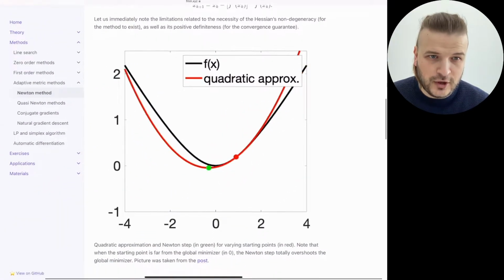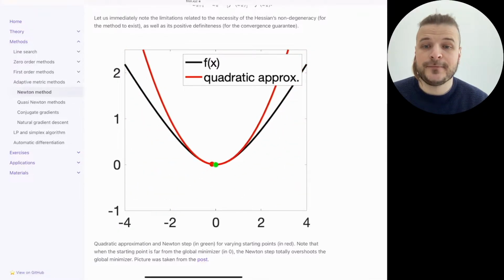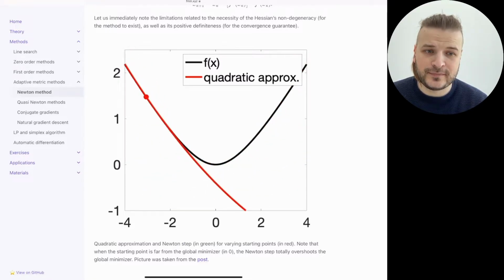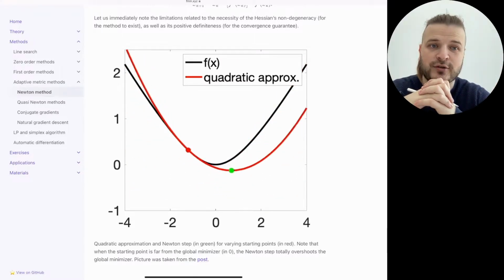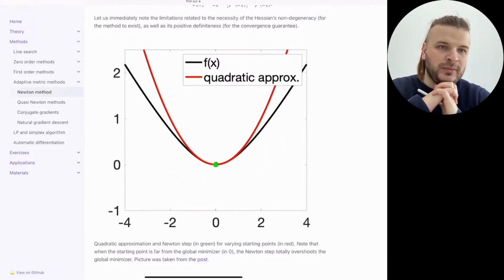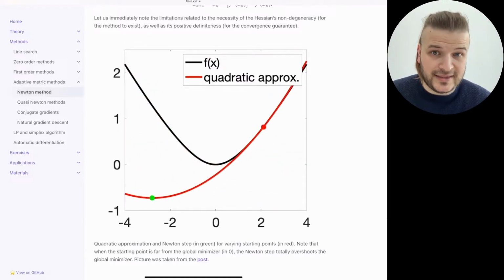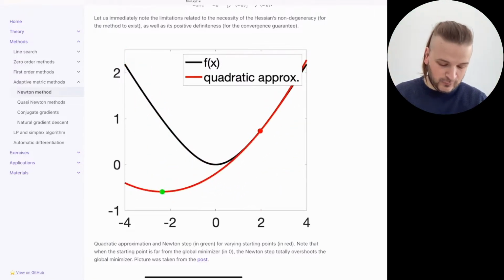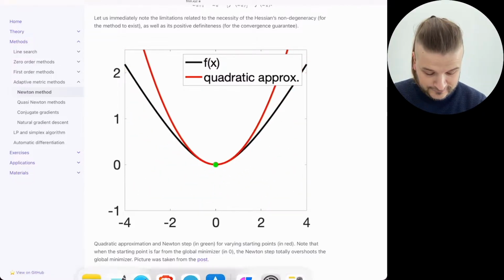And for linear functions, the Hessian will be degenerate, the determinant of the Hessian will be 0, and it will not be an invertible matrix. That's the problem. Imagine that you have the function f(x) = x. The second derivative is just 0, so you have to divide by 0. That's one more problem of the Newton method itself.